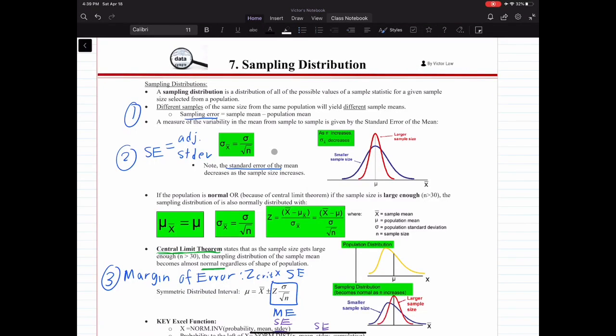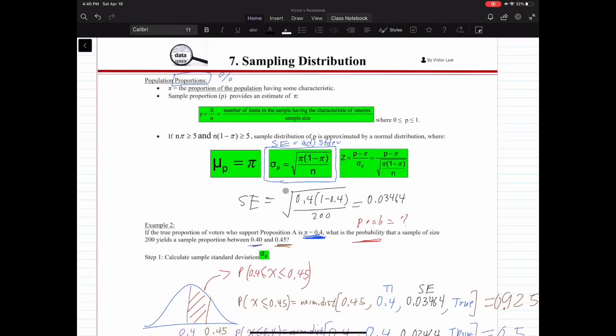Again, if we were dealing with population standard deviation, then your standard error is sigma divided by the square root of n. That's the first formula for standard error, for population standard deviations. When we're dealing with population proportions, the standard error is the square root of pi times 1 minus pi divided by n.